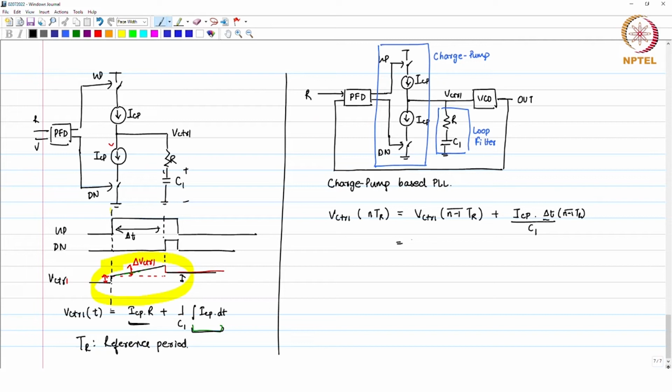This can be written as V control of (n minus 1) T_R plus I_CP by C1. I will multiply and divide by 2 pi, so 2 pi delta t over the reference period times T_R.